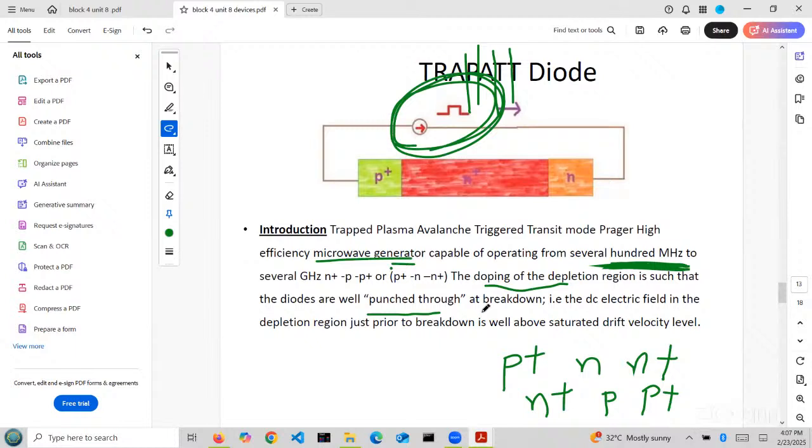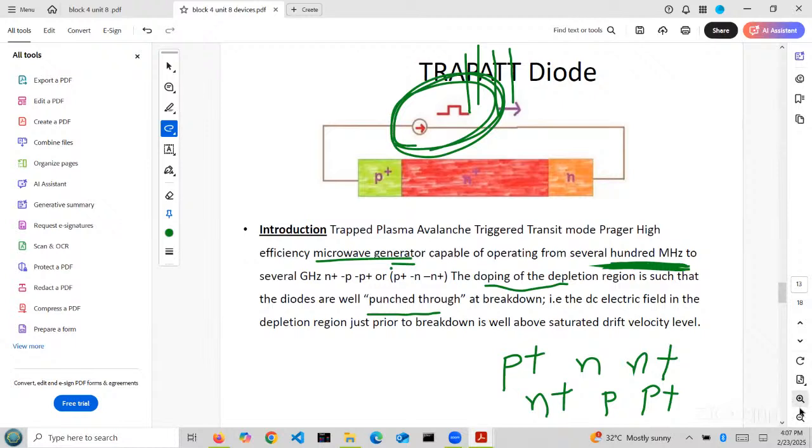When the diode is in forward bias condition, I will call that the capacitor is charging. When the diode is in reverse bias condition, I will call that the capacitor is discharging. When the capacitor is discharging, the plasma region is formed. Again, we have to remove that plasma region. After removing the plasma region, it will work as normal.